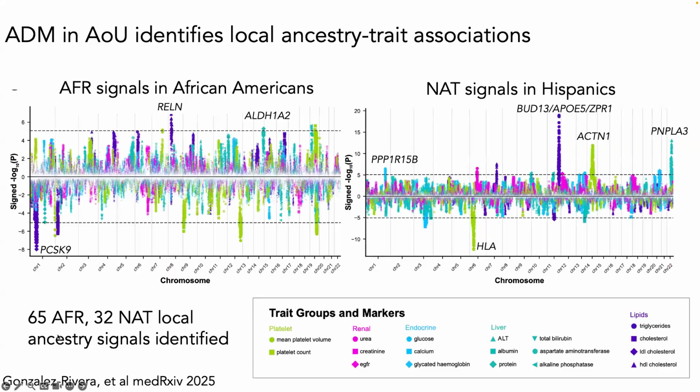He found a bunch of signals, including ones that are well known, including things like PCSK9 for LDL cholesterol and some of these hits for Native American local ancestry and different traits. But eventually we're hoping to tie this back to what we found with the PipSort to do just a deeper dive into these signals that seem like they're driven by local ancestry effects.